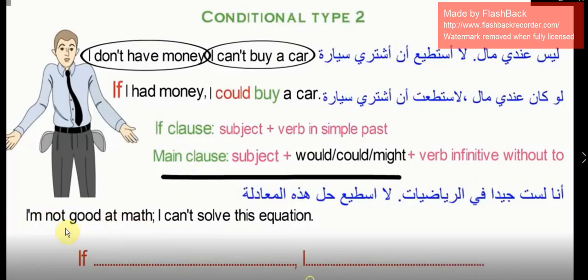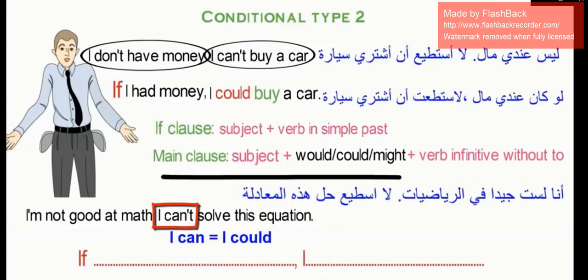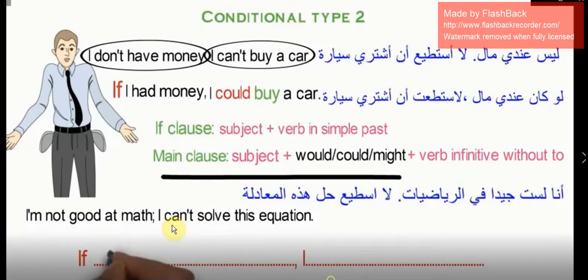طيب حاول تفكر كده. if لو أنا قلت if هنقولها إزاي؟ if لو كنت كويس في الرياضيات. شوف هتكتبها بقى إزاي هنا كده. لو كنت كويس في الرياضيات هقدر أحل المعادلة. am بص المثال اللي فوق present بقى past، هنا نفس القصة. am تبقى was. طيب don't not. الاتنين يتحسبوا. النفي negative تبقى positive, positive تبقى negative.